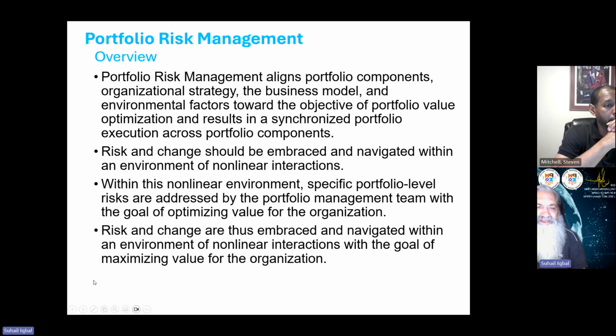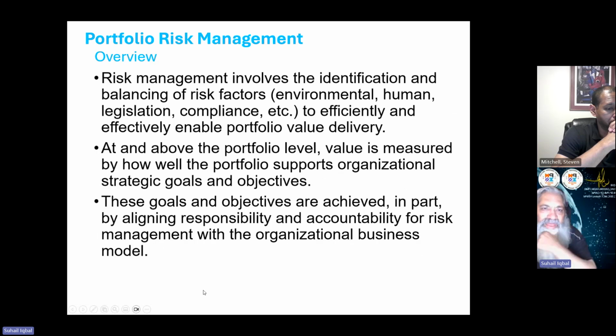You can start enjoying these restraints and still break the chains, get out of it, and achieve more and more value each day. Risk management involves the identification and balancing of risk factors. Now, the balancing thing comes yet again after identification.